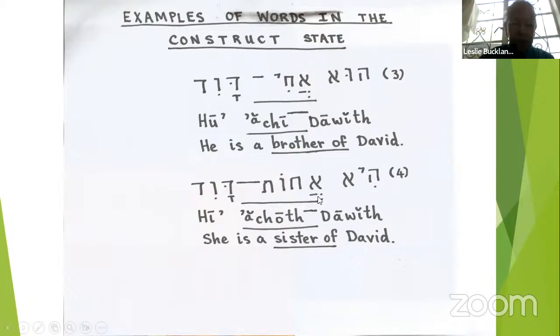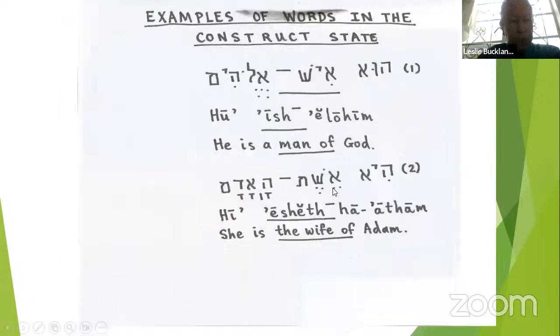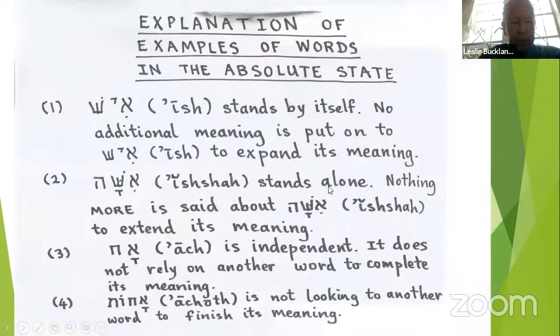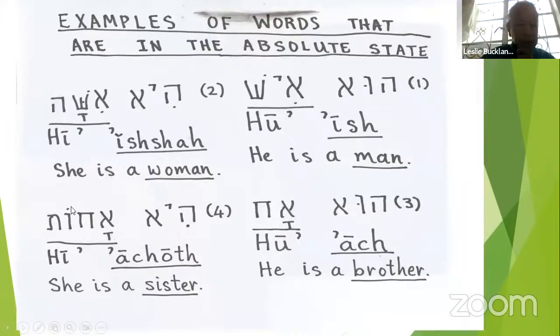Now, the same thing applies here as I spoke about. Let me just point that out to you. Yes, this is the same word achot we're looking at, but because the accent moves from achot to the noun David, this has to be put in its construct state.